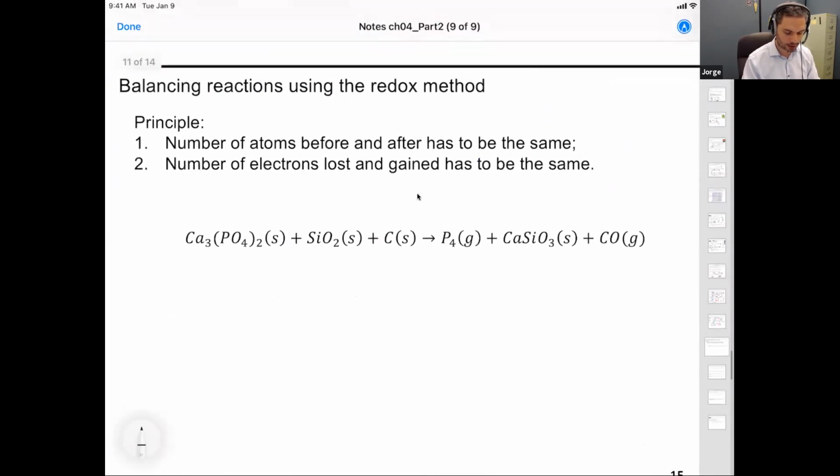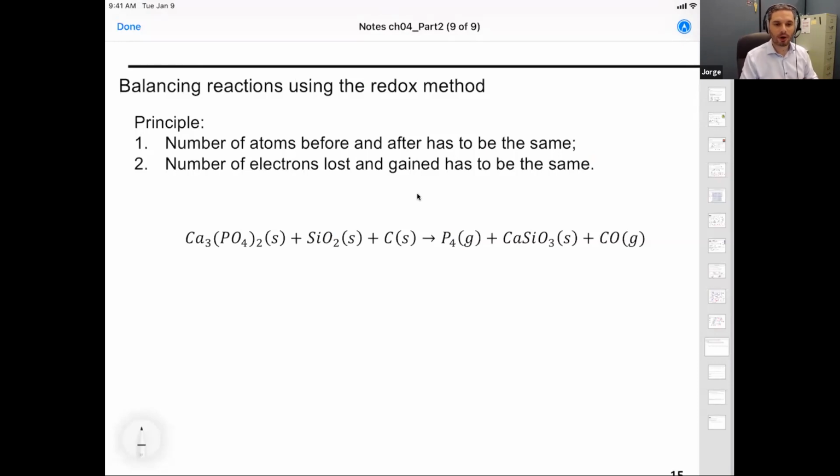And you can use oxidation numbers to balance a reaction. This is called balancing reactions using the redox method. The principle here that we are going to use is that first, the number of atoms before and after has to be the same. Atoms cannot be created or destroyed.